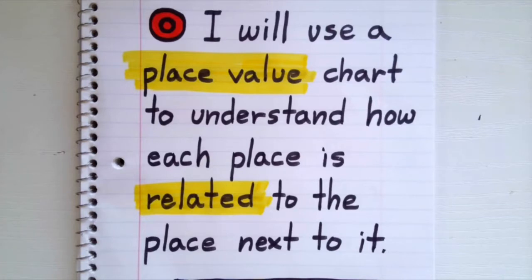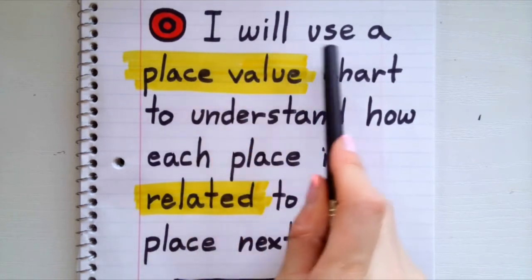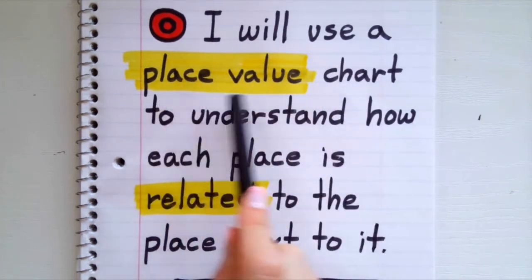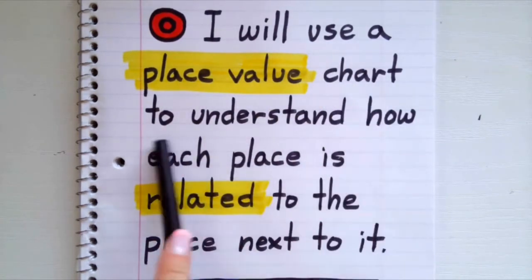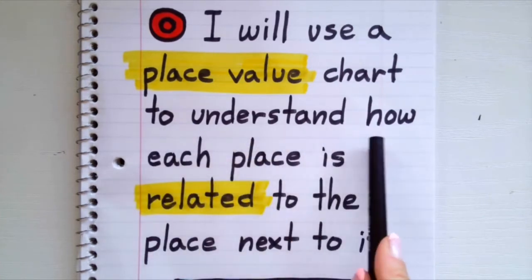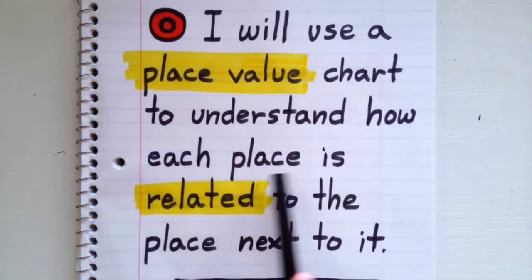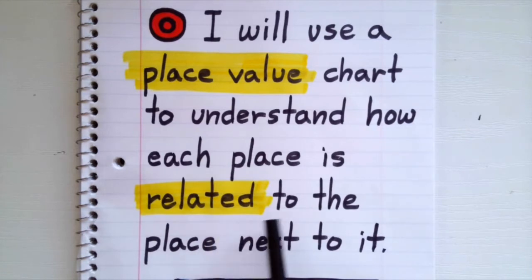Let's look at today's learning target and success criteria. Let's read the learning target aloud together. I will use a place value chart to understand how each place is related to the place next to it.